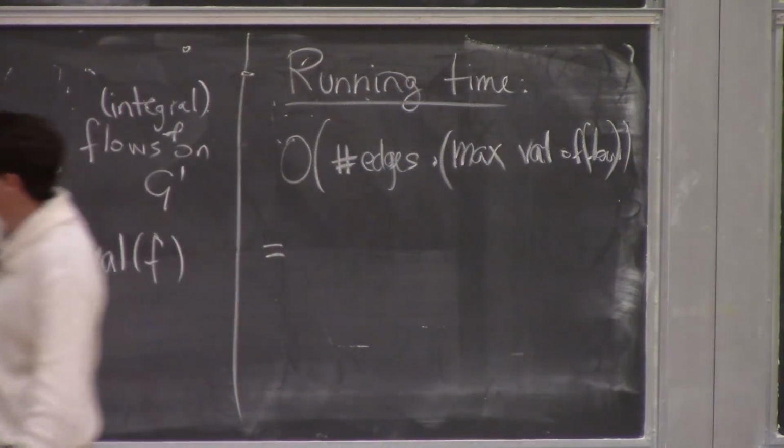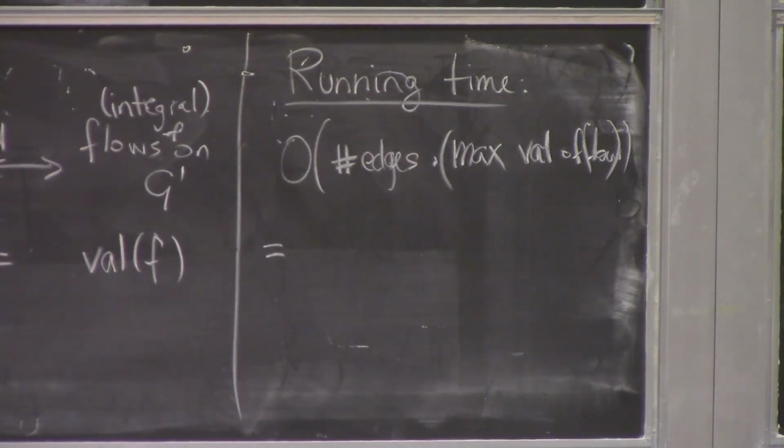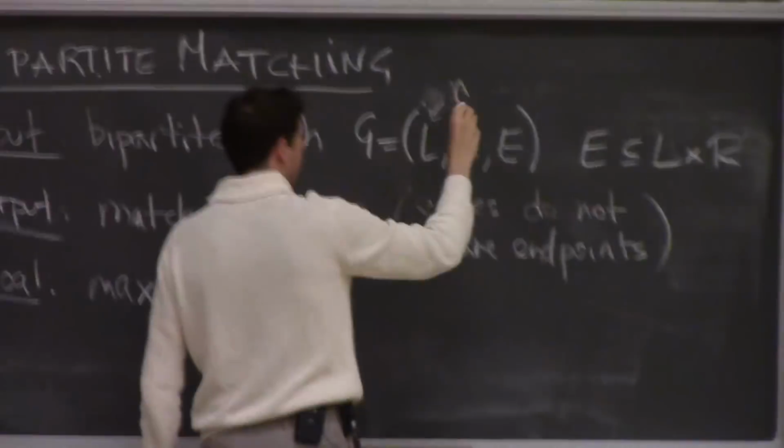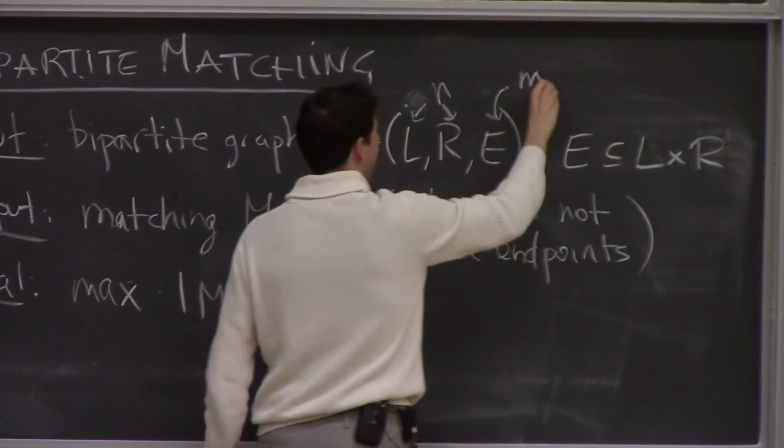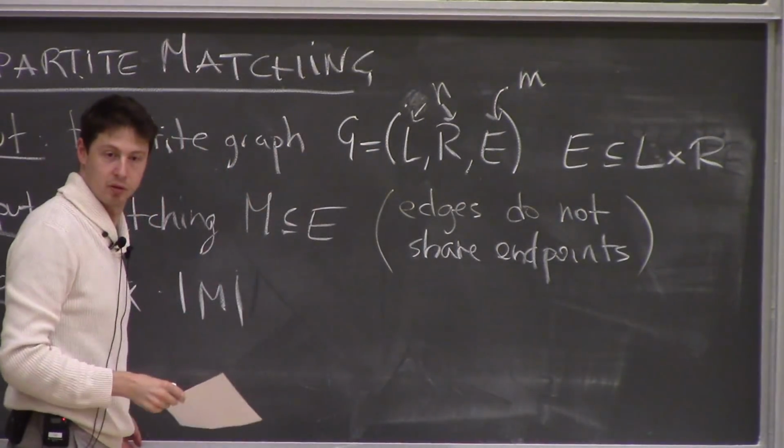We have to come back here. This is our measure of efficiency, our original input. Let's say I have at most n vertices, somehow split between these two, and I have m edges to begin with.